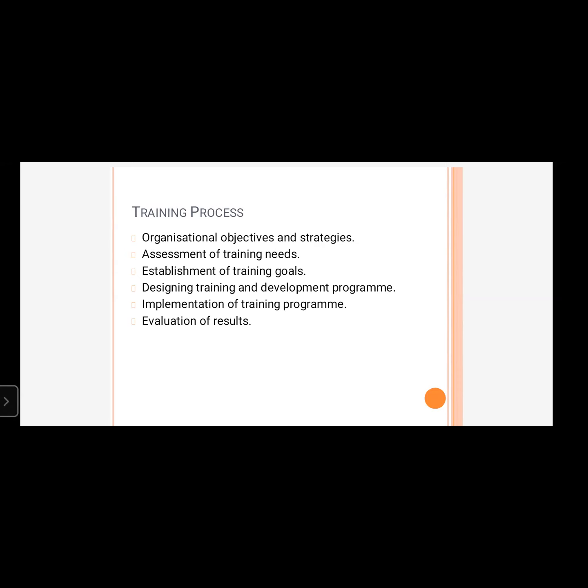It means first the organization has to set its objectives and design the strategies to achieve those objectives. So the organization first has to set the objectives, that what are the objectives of the organization. Suppose one of the objectives of the organization is to earn more profit than the last year.